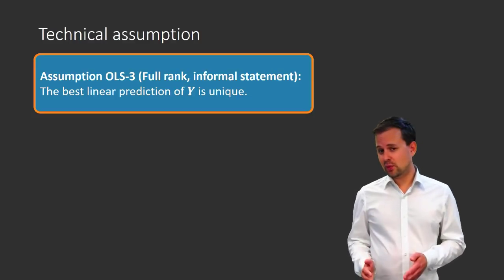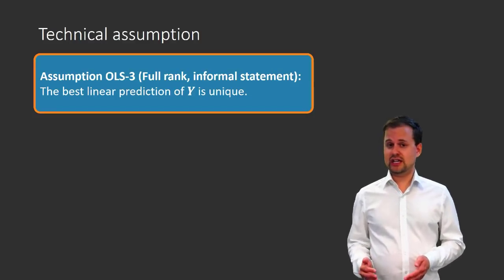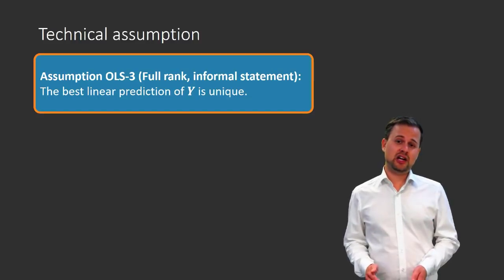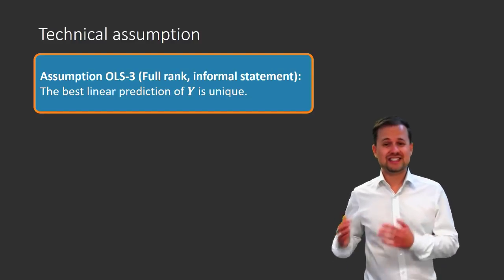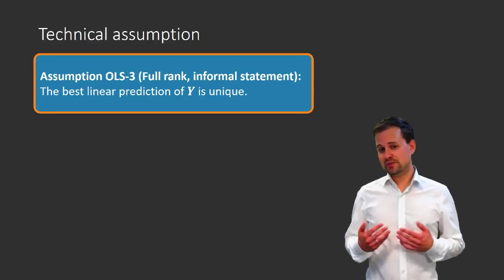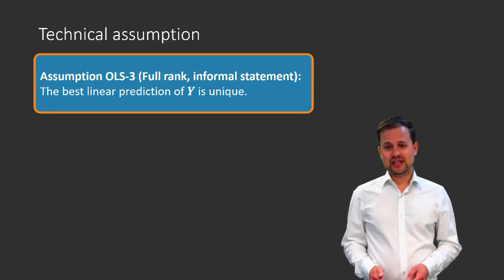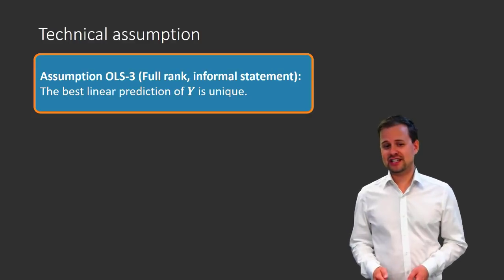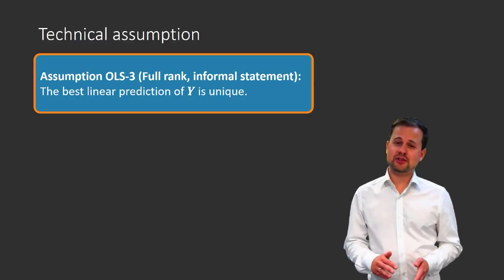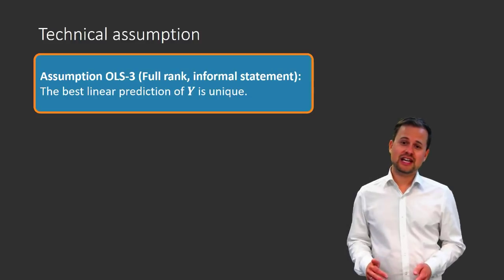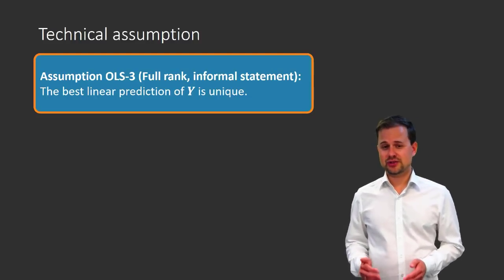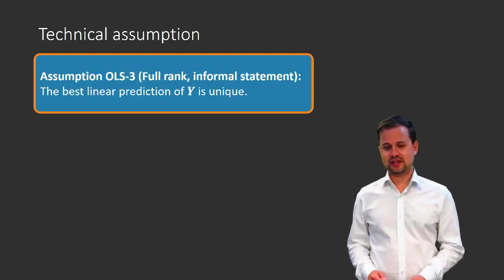To understand why this assumption is relevant, it's best to see an example of a scenario where it doesn't hold. So I'm going to present such an example to you in another video. And then I will also discuss why failure of this assumption can be problematic when we try to interpret the coefficients.